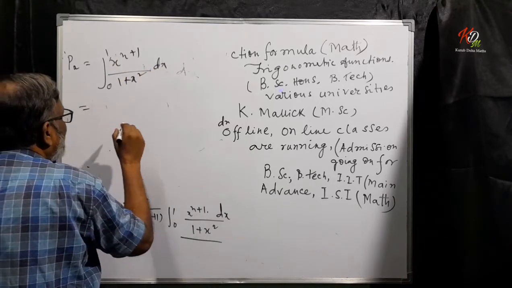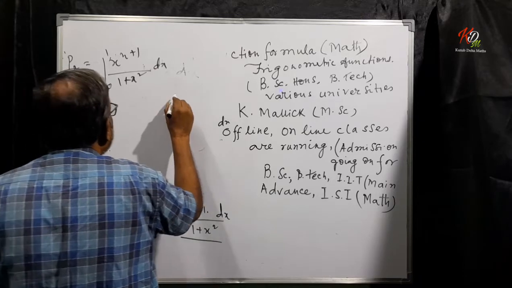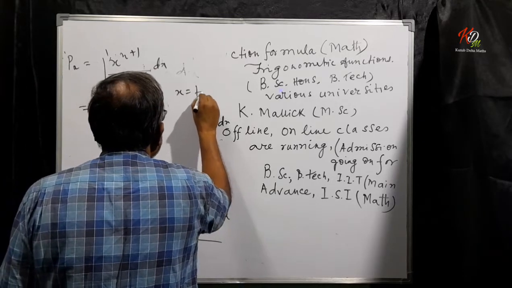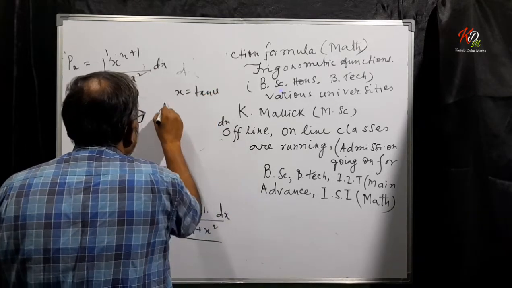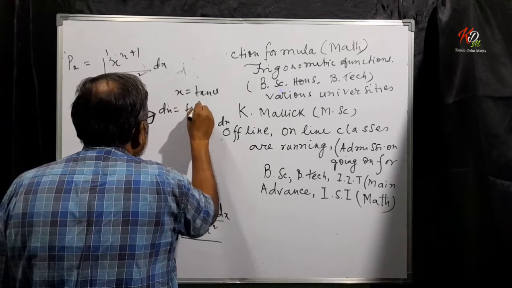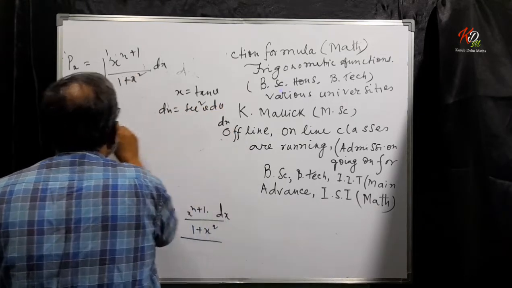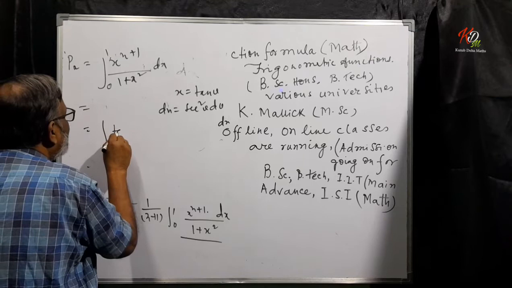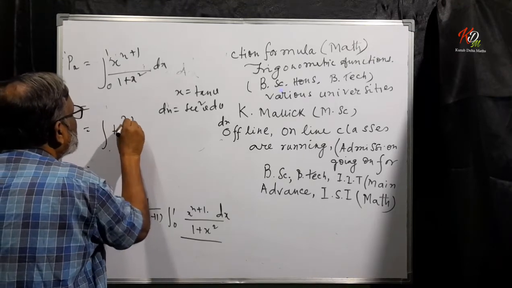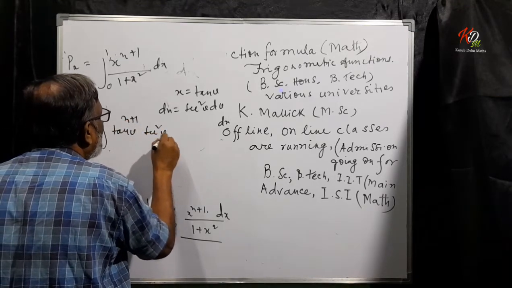Let x equal tan theta, so dx equals sec square theta d theta.